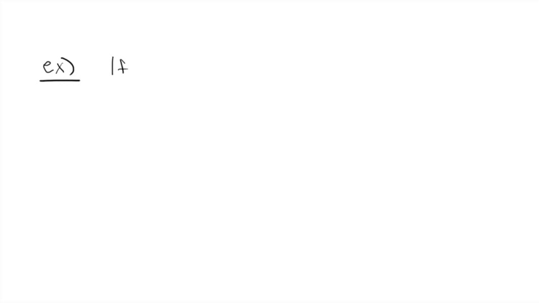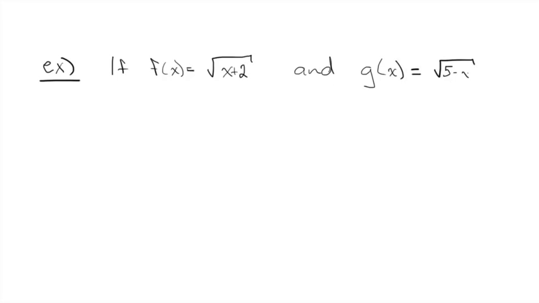So let's say f at x equals square root of x plus 2, and g at x equals root 5 minus x. So now let's try doing some stuff with this.